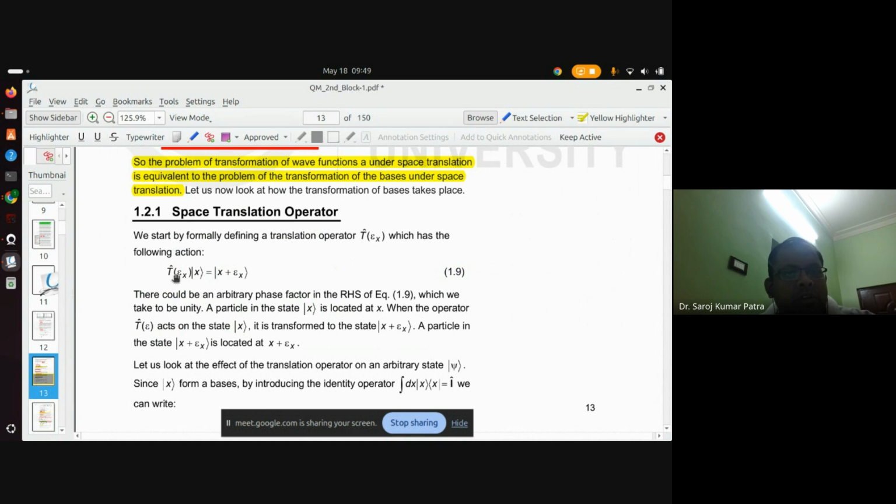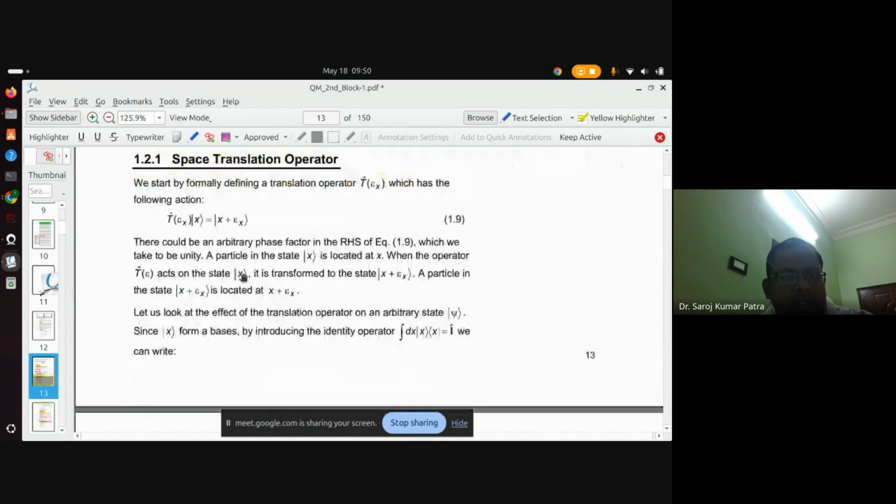So what does T(epsilon x) do? Basically it takes the state |x> to the state |x + epsilon x>. Okay, is that part clear? So the operator T will take the system from position x to position x plus epsilon x.